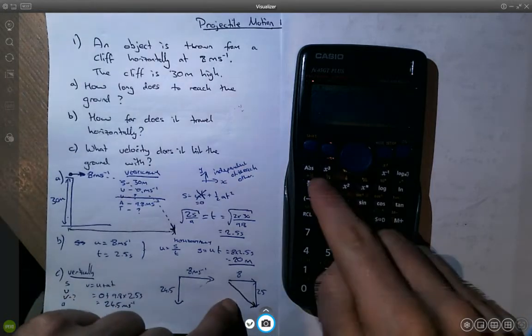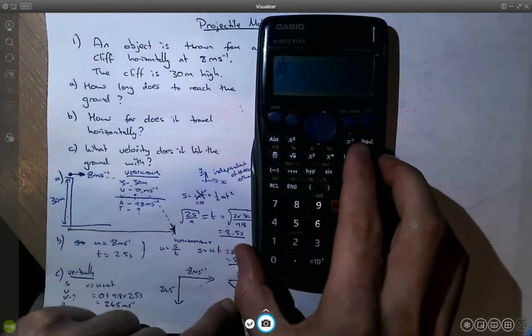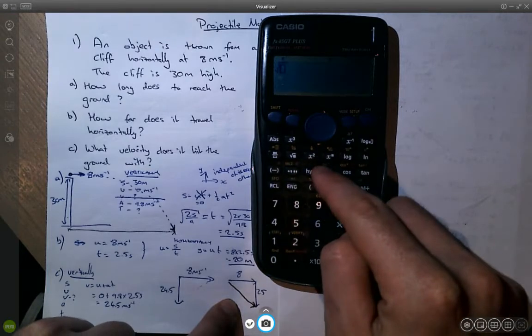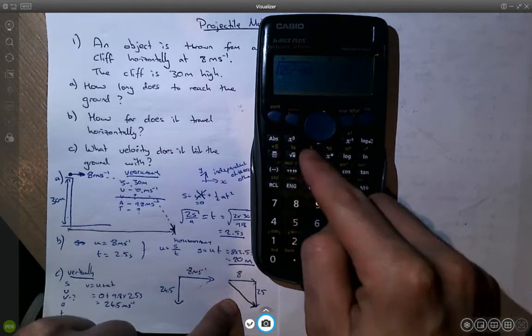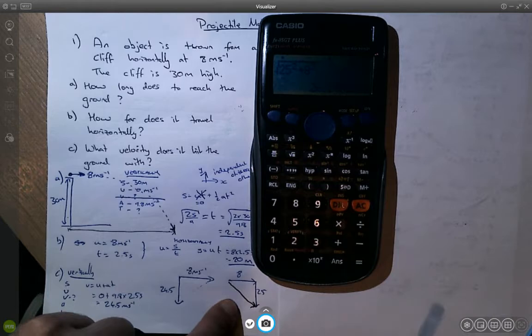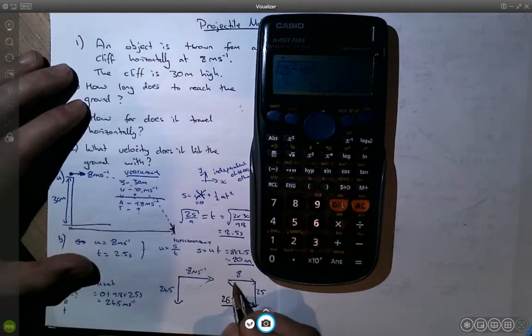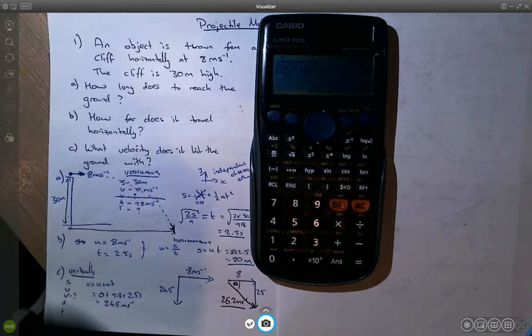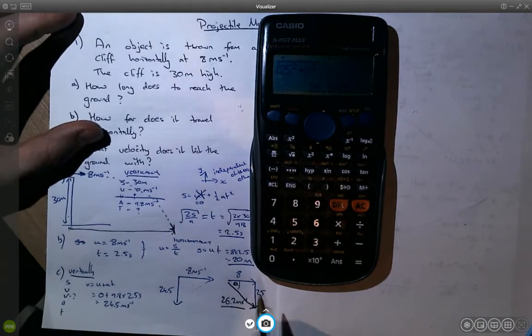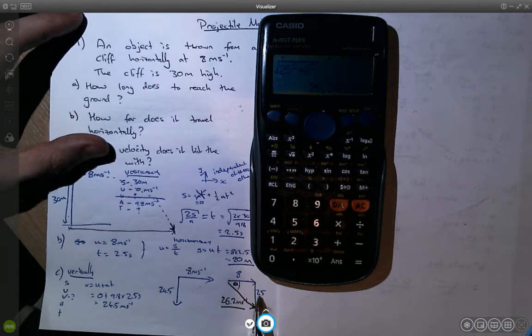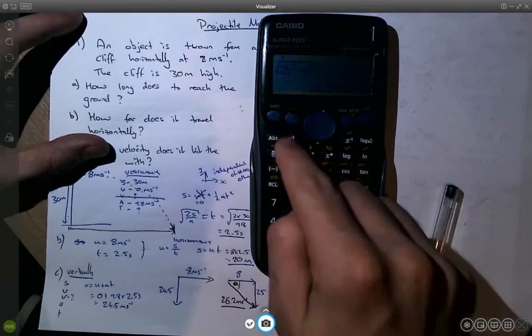So let's quickly type in our variables. The square root of 25 squared plus 8 squared. Our velocity is 26.2 meters per second. And what is this angle? Because a velocity needs an angle and a magnitude. Well, it's obviously going to be tan to the minus 1 of 25 over 8.